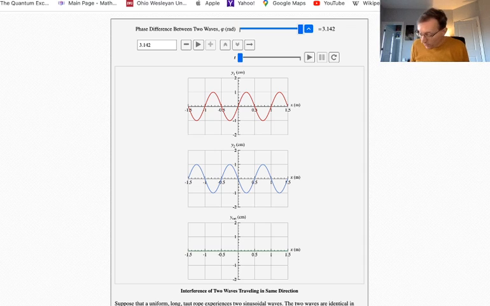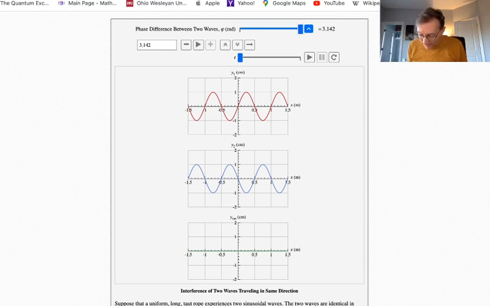So even though I had two waves oscillating, the amplitude of the net wave is nothing. Well, that's the minimum, right? That's the smallest possible amplitude I can get. Remember, amplitudes can't be negative of waves. That's the smallest possible amplitude I can get of the net wave, 0.